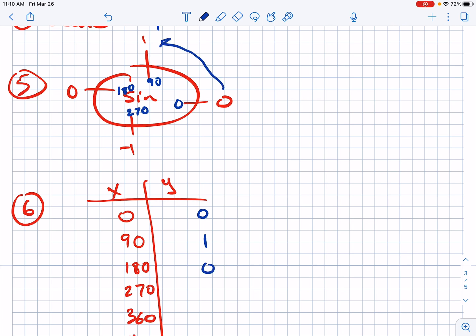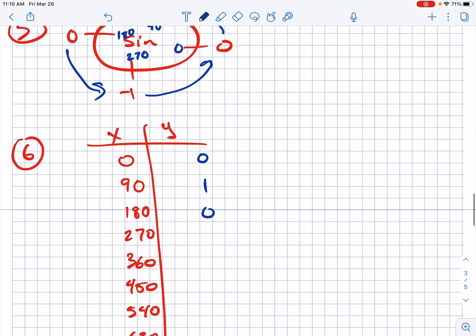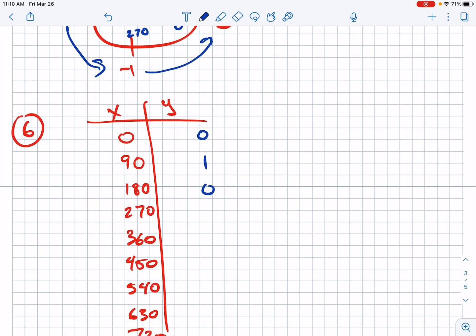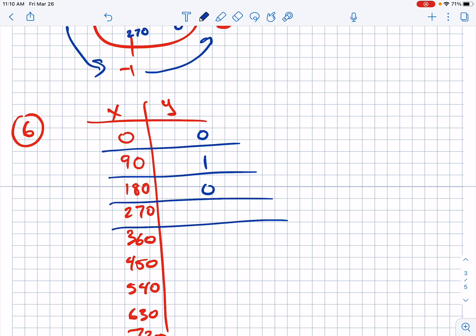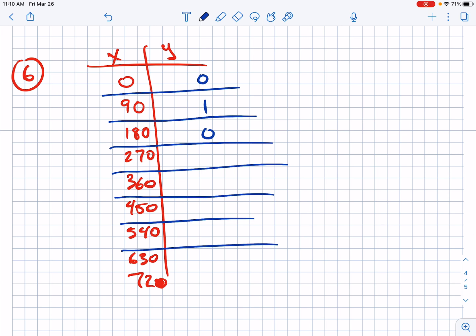Starts with 0, then 1, then 0, then negative 1, then 0, and then it repeats. So 0, 1, 0. Maybe I should put lines in here so we keep our points separate. Okay, negative 1, 0, 1, 0, negative 1, 0.